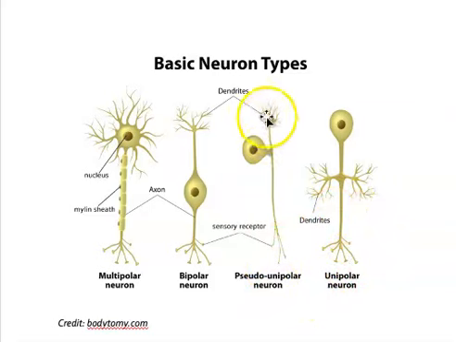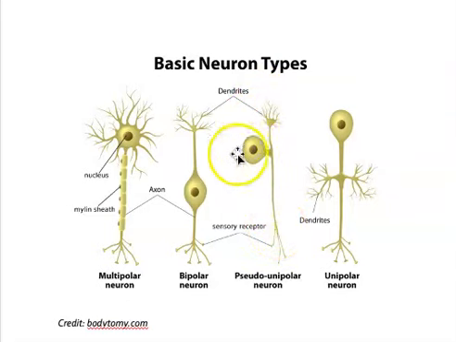Now this one in between, this is called a pseudo unipolar neuron. It's technically unipolar because there's only one membrane extension coming off of it. But as you can see in the picture, it very quickly sends a membrane extension this way, which branches into dendrites, and a membrane extension this way, which is the axon.